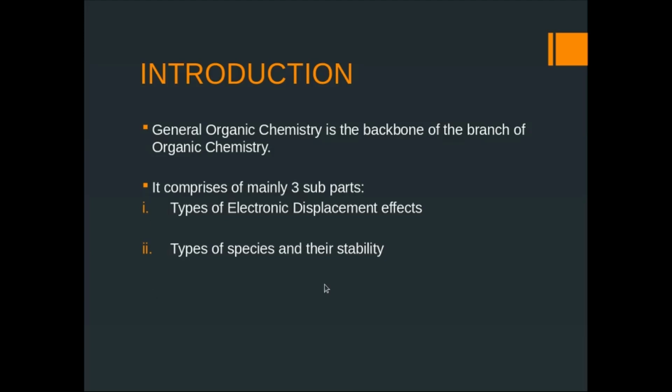We will understand this. Third, the types of reaction mechanisms, by which path a reaction will flow. The reaction will occur under a set of conditions, and under another set of conditions, this substrate will follow another reaction path to reach the product.